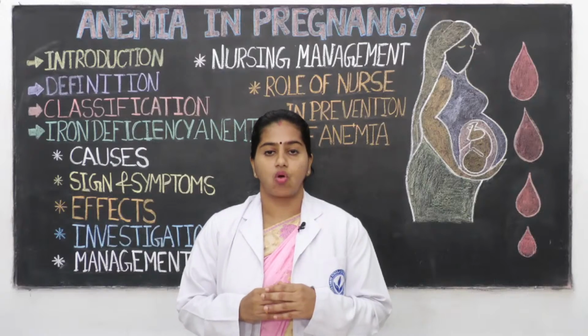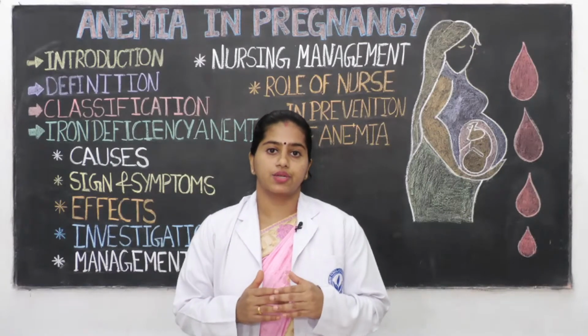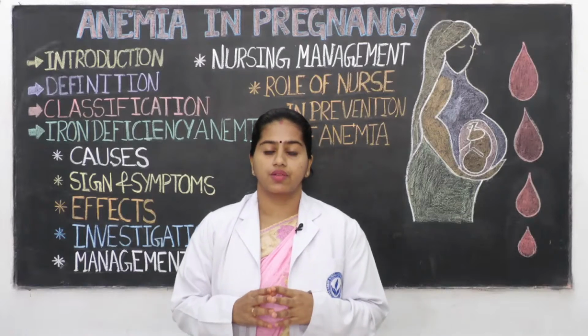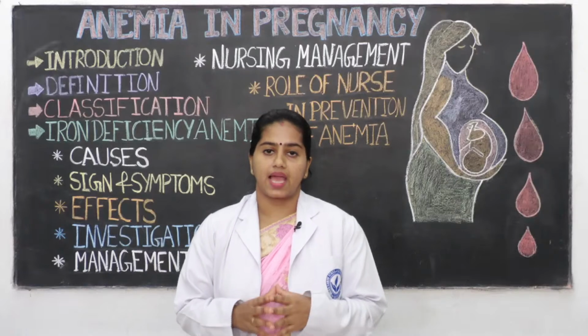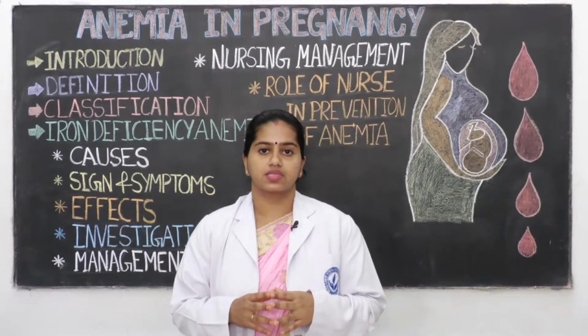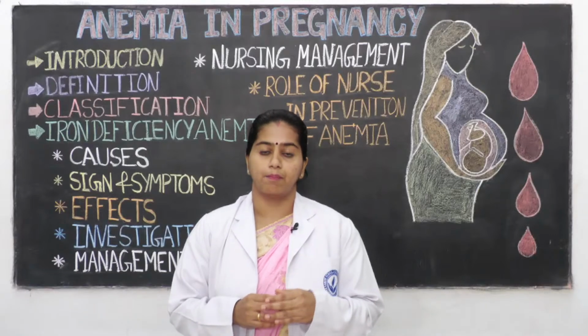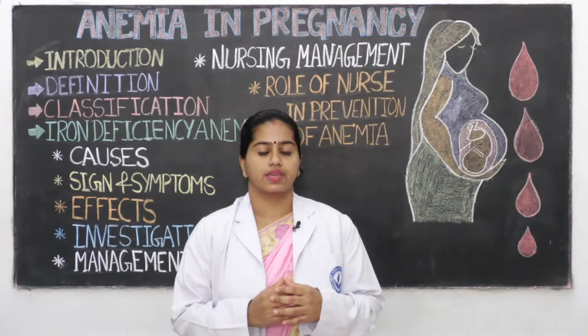Second one is moderate anemia, 11 to 8 gram percentage. Here the woman will have the symptom of pallor. Pallor is one of the symptoms; we can see it in the eyes, in the nails, and blanched skin also we can identify.